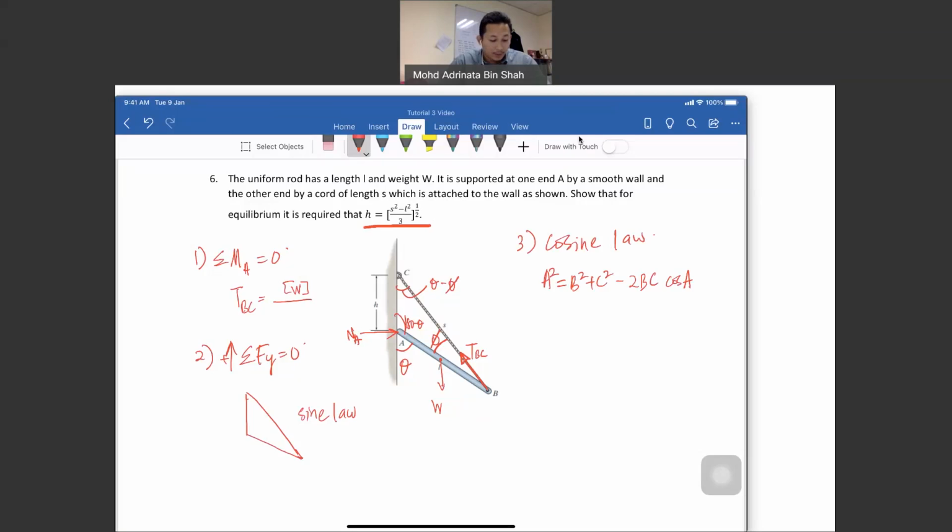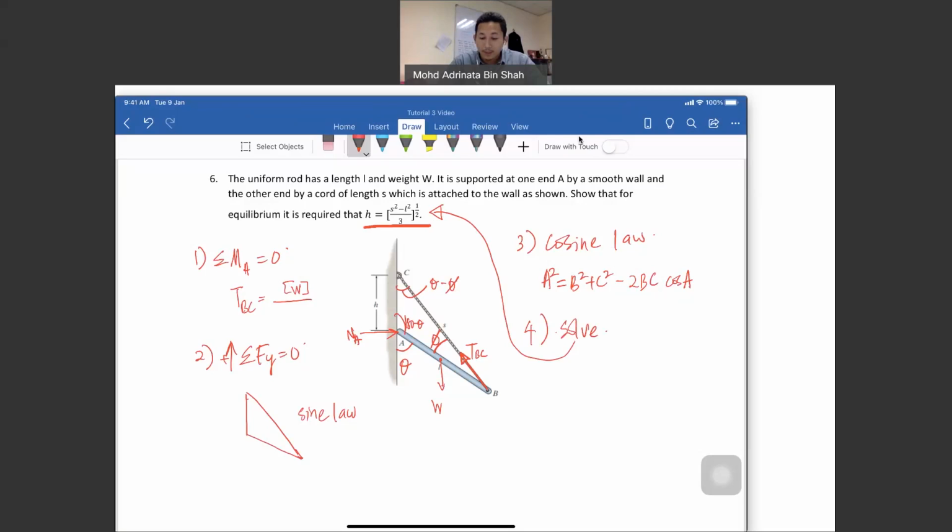All right, so from that you can have your equation, and you can solve the equation. And it must comply with this one. The final answer is that one. H is equal to an expression in S form.